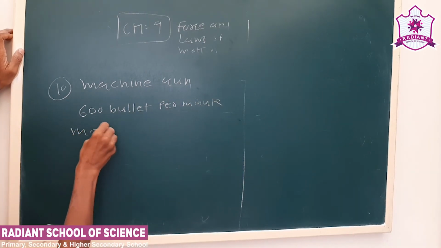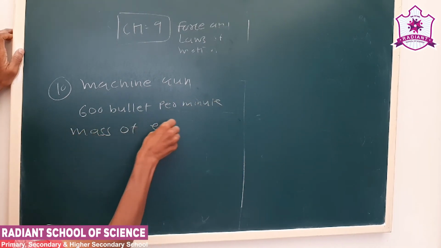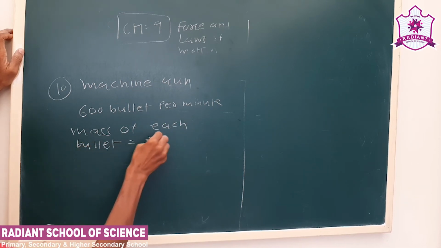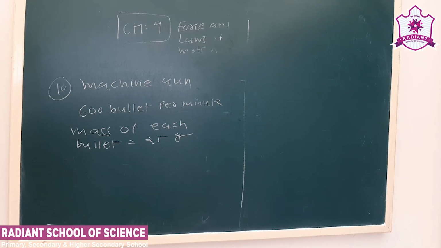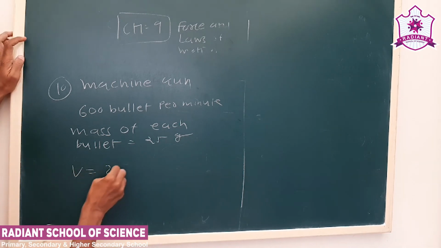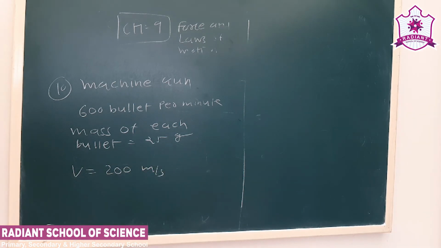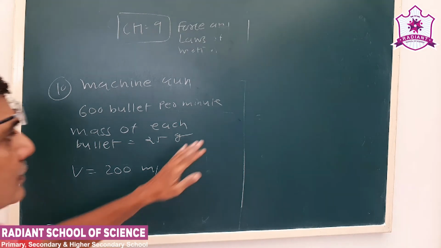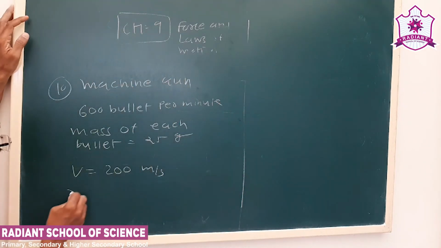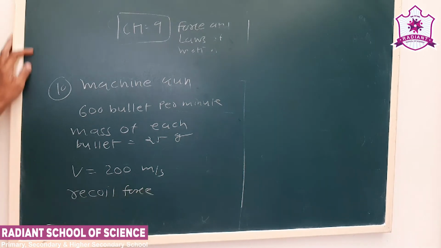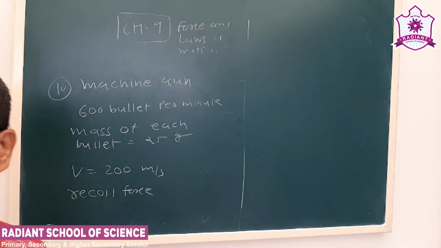Mass of each bullet is 20 gram, at a speed of 200 meter per second. What is the recoil force? The force which is required to keep it in position.